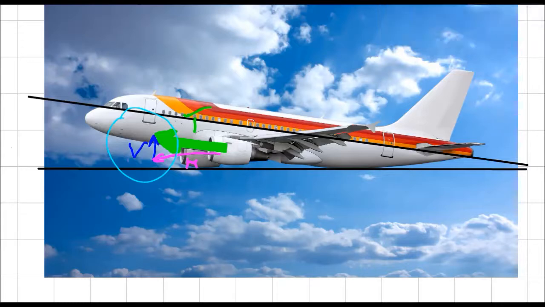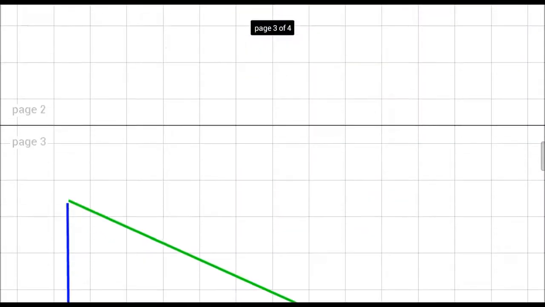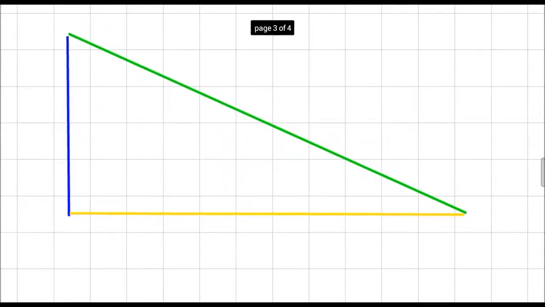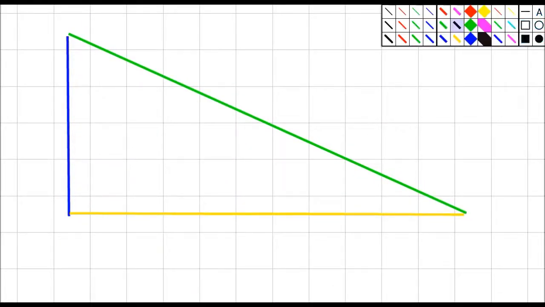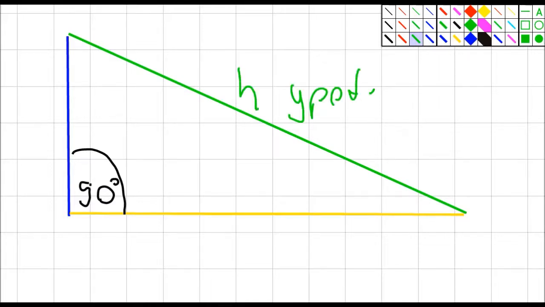Let's quickly take a look into the basics of trigonometry. We have a triangle, and this triangle sports a 90-degree angle down here. Now we have one long side, which I call H for hypotenuse. And we have two other sides, which we call cathetus.